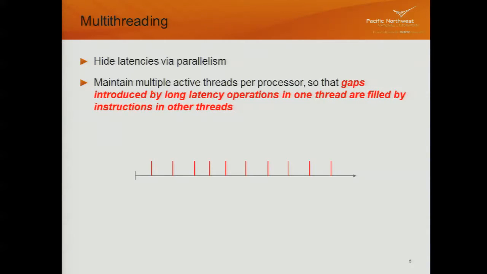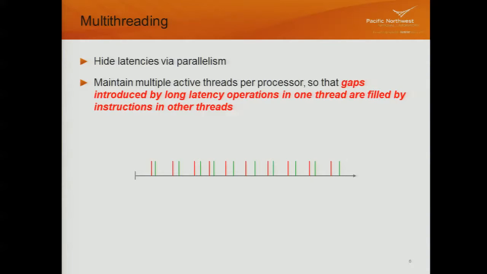Okay, so if I look at this, let's say I have a single thread represented by these red ticks, and this is time moving from left to right. This instruction will be executed, and then this thread will have to wait a certain amount of time until the second instruction can be executed, and again maybe the pipeline will wait until the third instruction can be executed, et cetera.